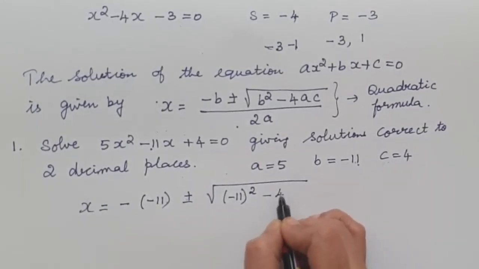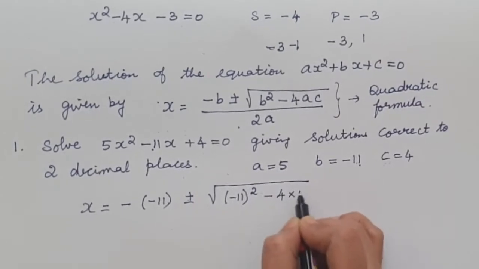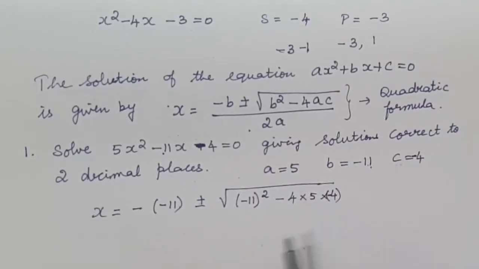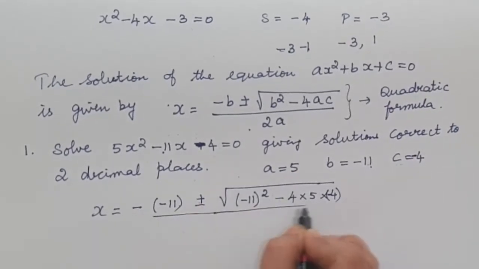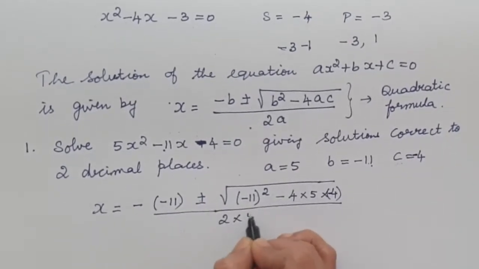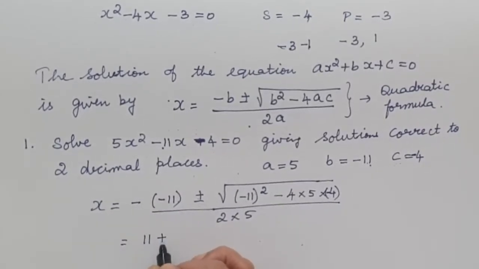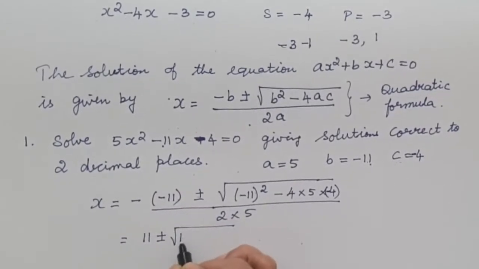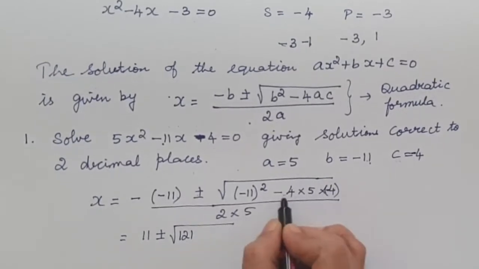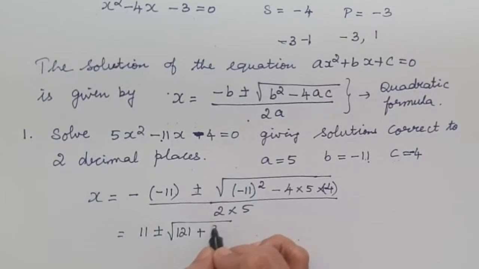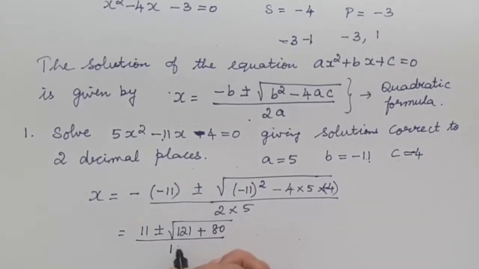So minus 4, our value for a is 5, and the value for c is minus 4. So we write negative 4 divided by 2 into 5. When we simplify, negative into negative is plus: 11 plus or minus square root of 121, negative into negative is positive plus 80, divided by 10.